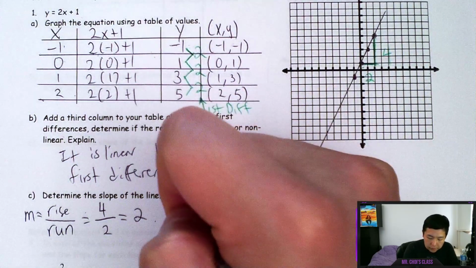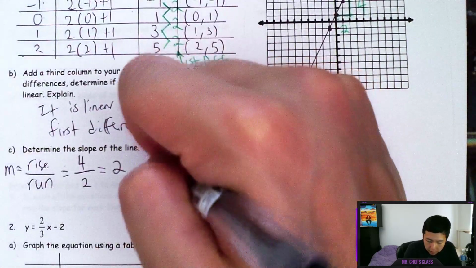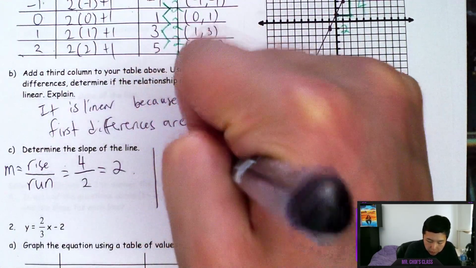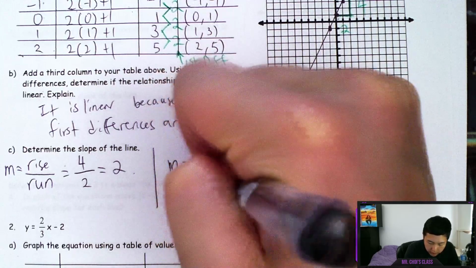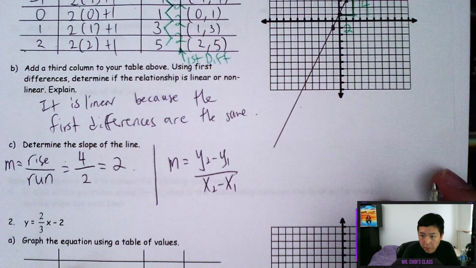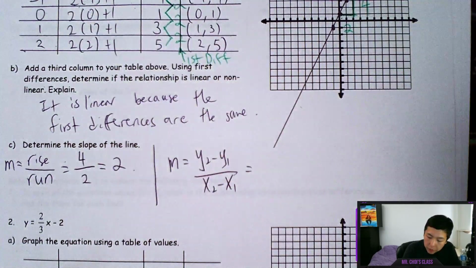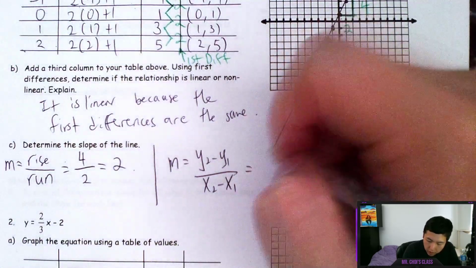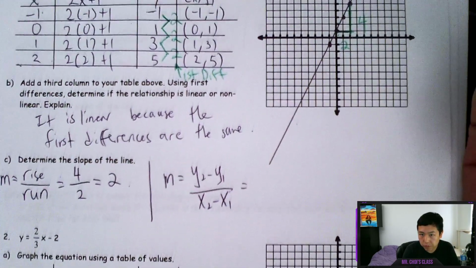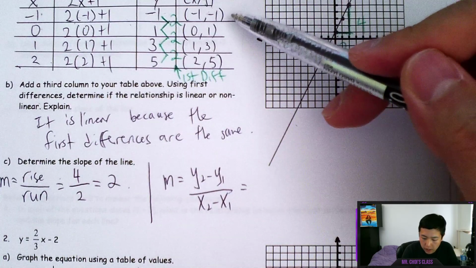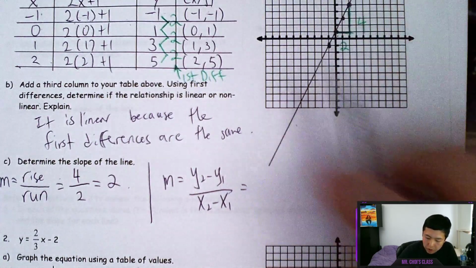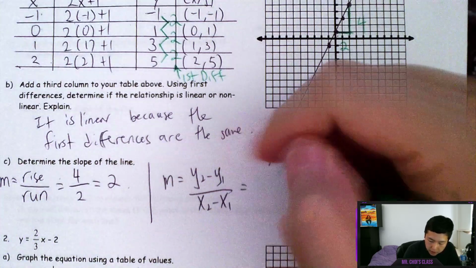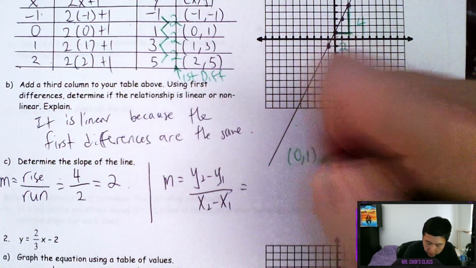Perfect. Let's see if we get the same answer using our formula. Remembering that our formula is y2 minus y1 over x2 minus x1. Okay. If we have that, we can pick 2 points. So let's just pick these 2 points here. We'll pick 0, 1, and we'll pick the same 2 points.